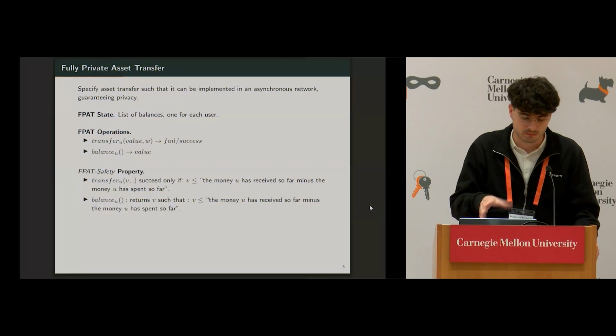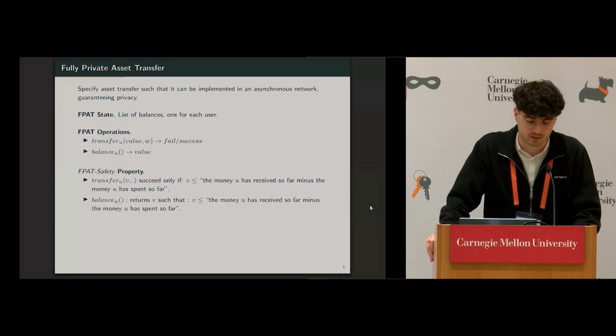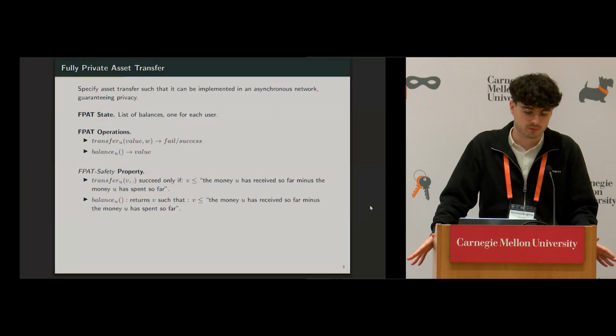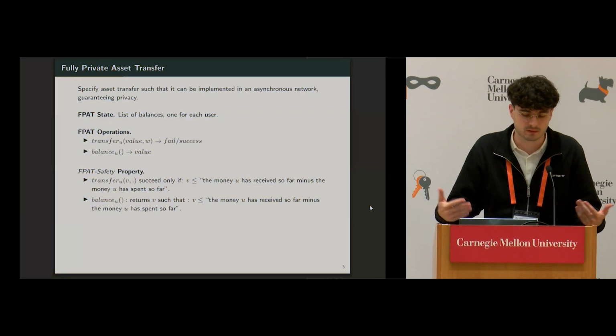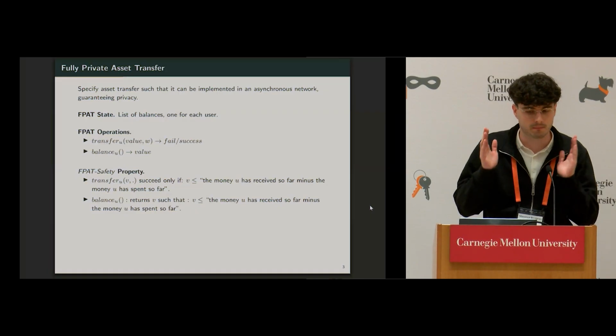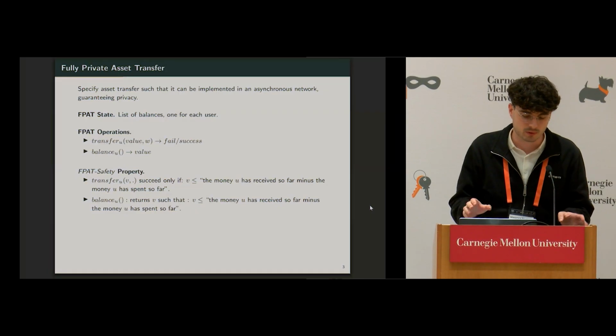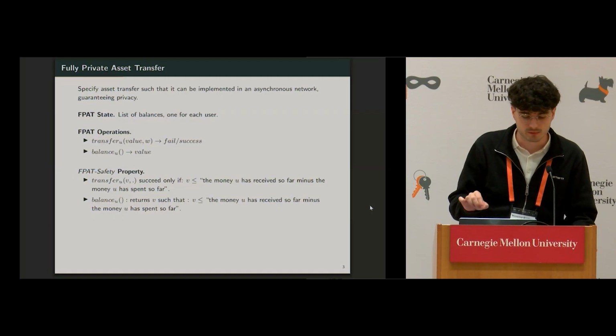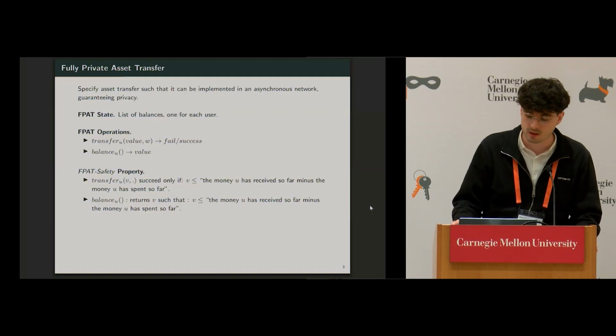What might be unusual here is that for the balance, you would expect it to return the exact value of the money that you've received minus the money that you spent. Here we require the value returned by balance to be less than or equal to this quantity.